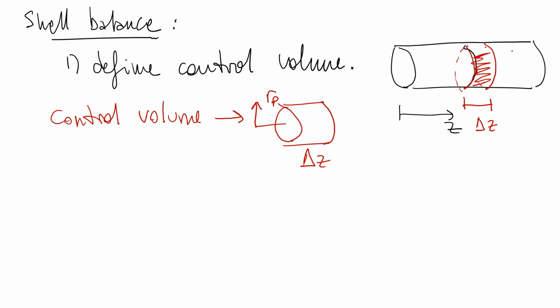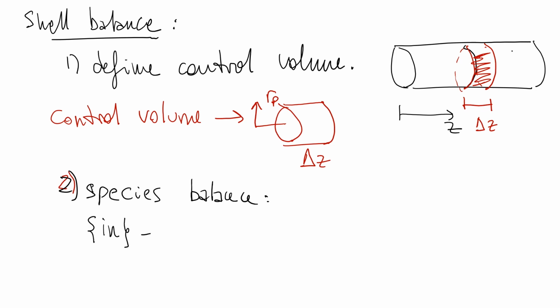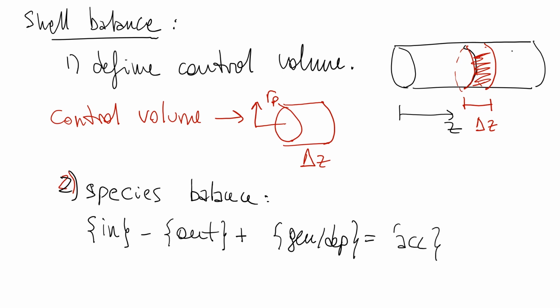Okay, once we define our control volume, we do our species balance or mass balance. What that means is we have, in minus out plus generation or depletion equals accumulation. To find out what our in is, we need to follow the direction that we decided is positive.